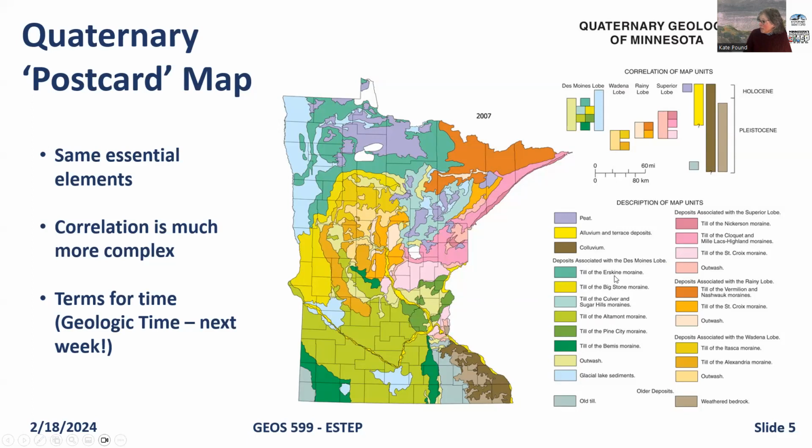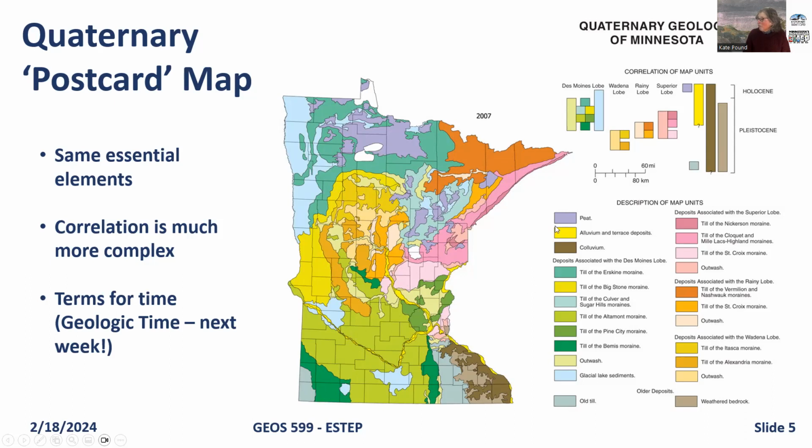What you'll notice here for the deposits associated with the Des Moines lobe, there's kind of this area in here, and then it sort of, well, it gets tricky once you get further north, but there's a distinct area. For the deposits associated with the Rainy Lobe, mostly up here in northeastern Minnesota.